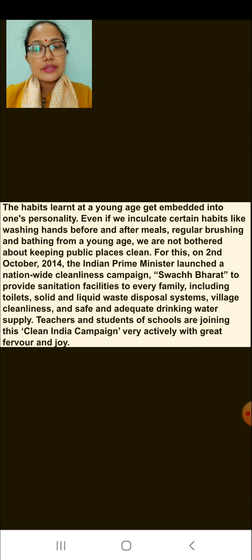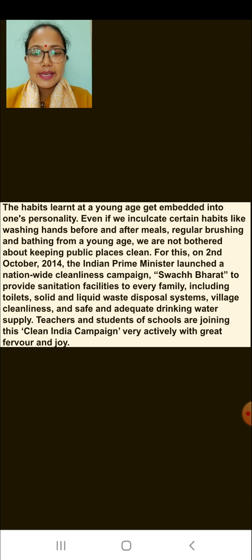The habits learned at a young age get embedded into one's personality. Even if we inculcate certain habits like washing hands before and after meals, regular brushing and bathing from a young age, we are not bothered about keeping public places clean.